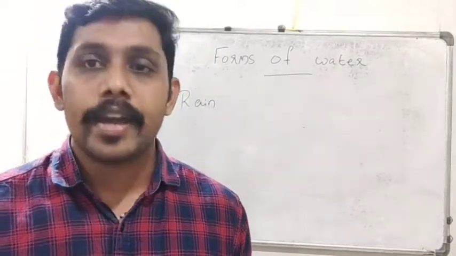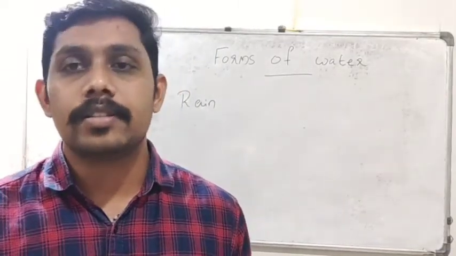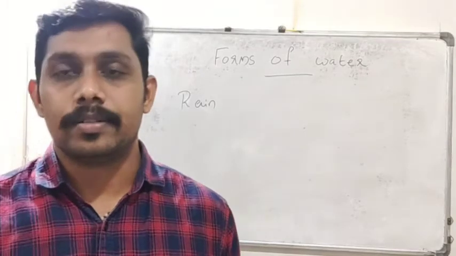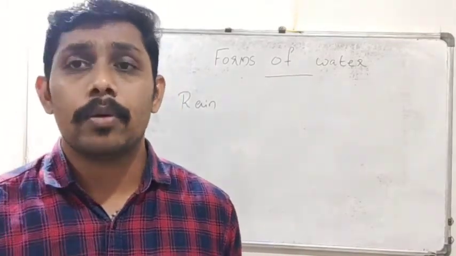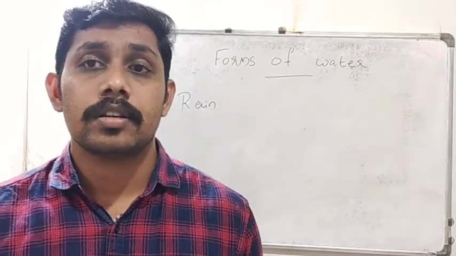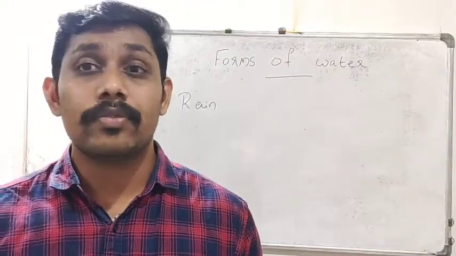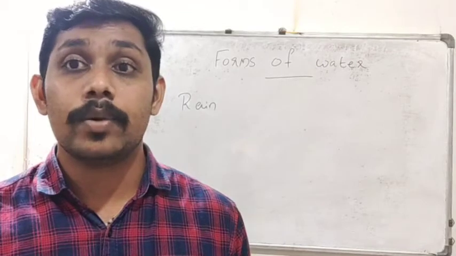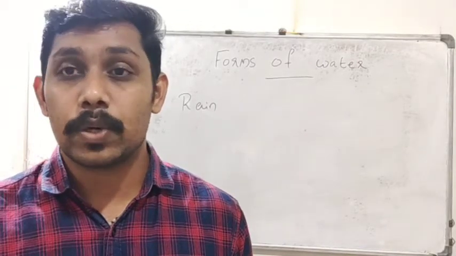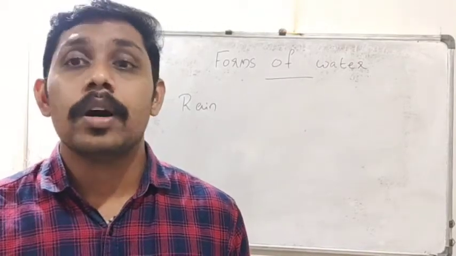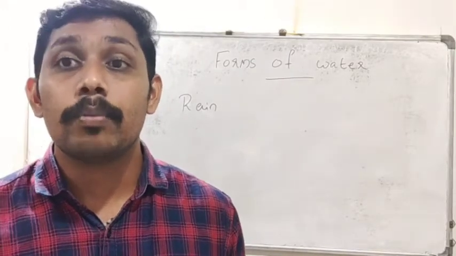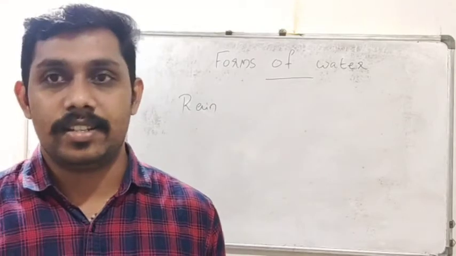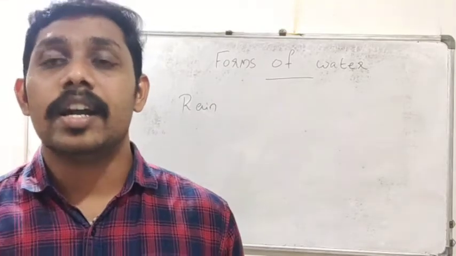Today we are going to discuss the forms of water. In the previous class, we discussed the three forms of water, that is liquid, gas and solid, and two processes, evaporation and condensation.